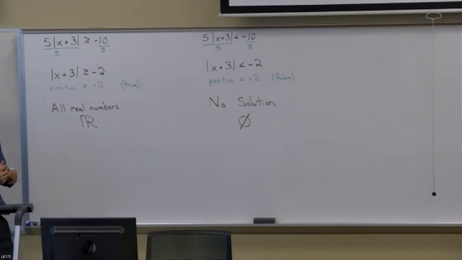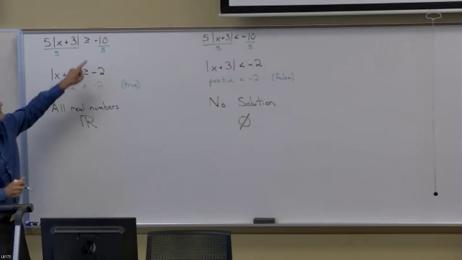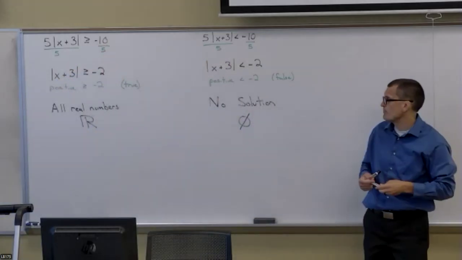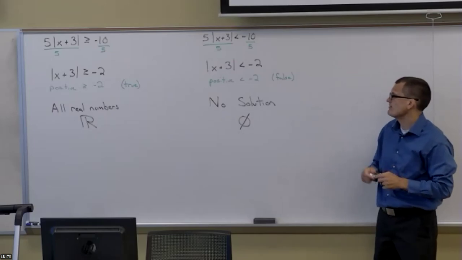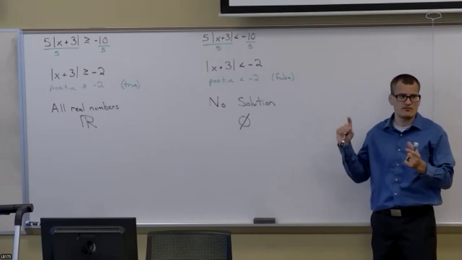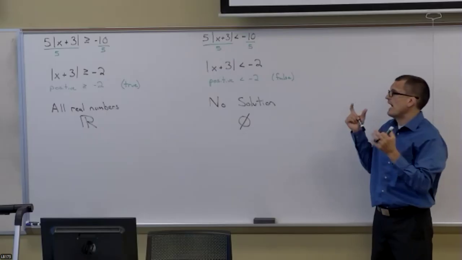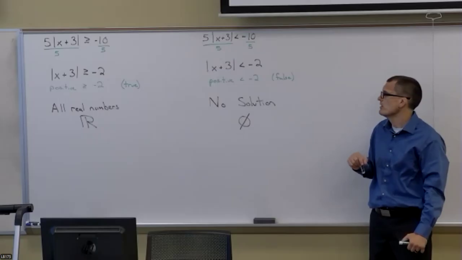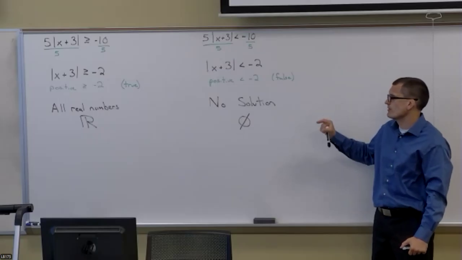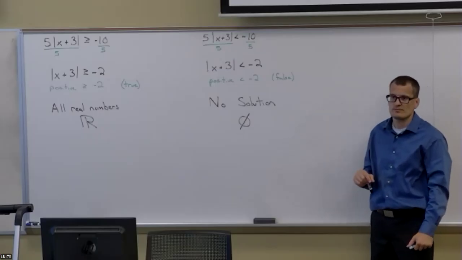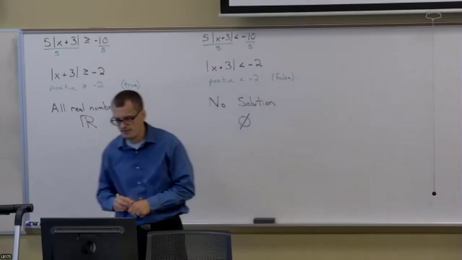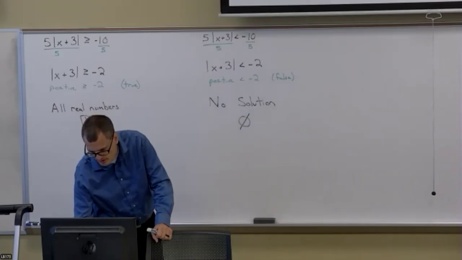So there we go. If you have a negative on the right-hand side of an inequality, it doesn't always have to be on the right, you can flip-flop, but if you have an absolute value inequality and a negative, you end up with either all real numbers or no solutions. That's the point I'm making.